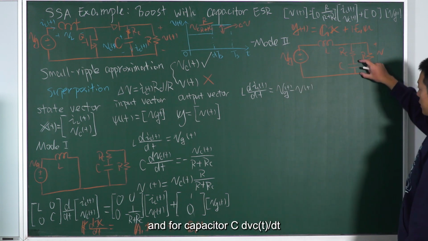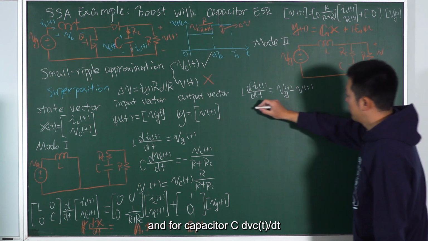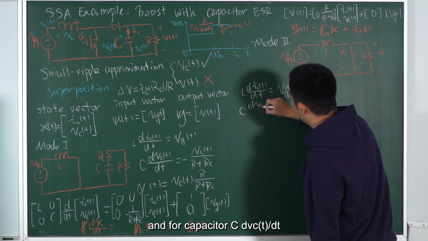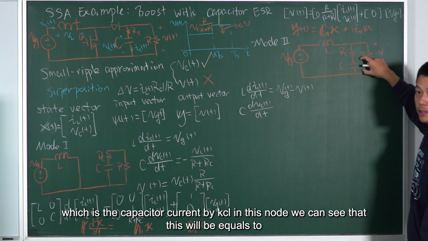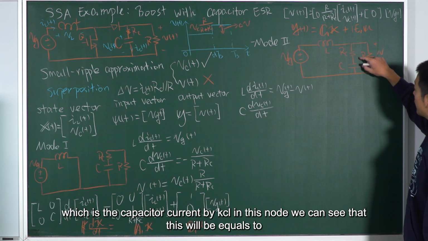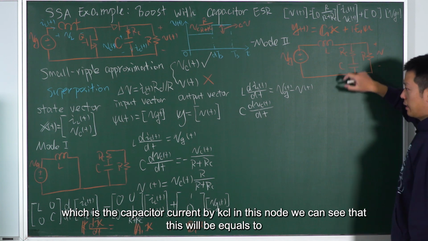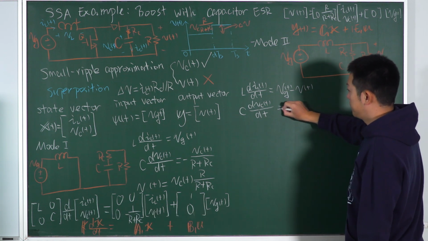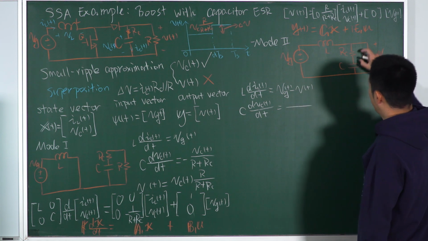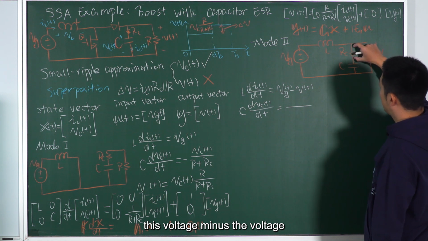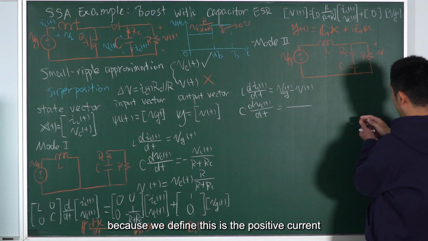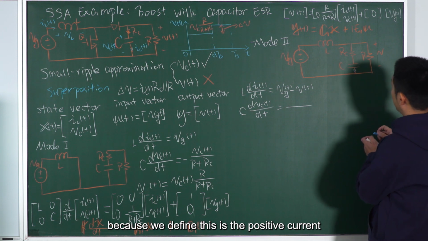And for the capacitor, C dVc over dt is the capacitor current. By KCL in this node, we can see that this will equal this voltage minus the voltage, right? Because we didn't define this as the positive current.